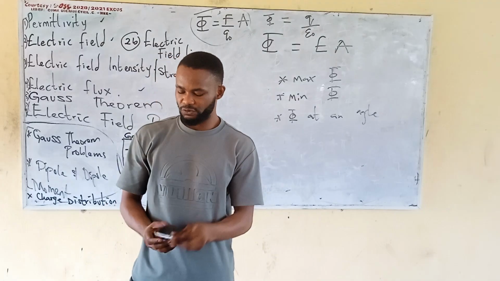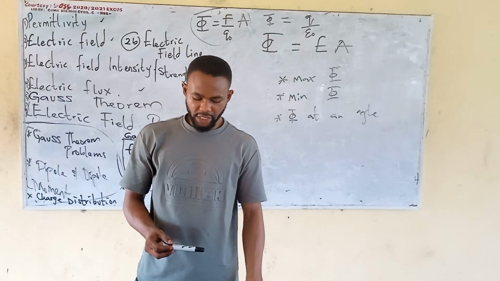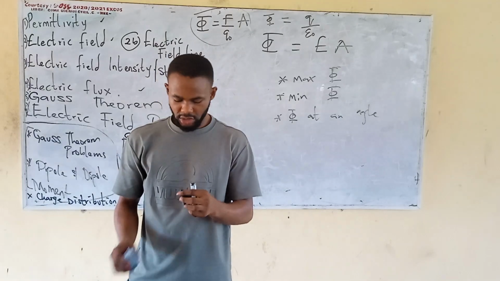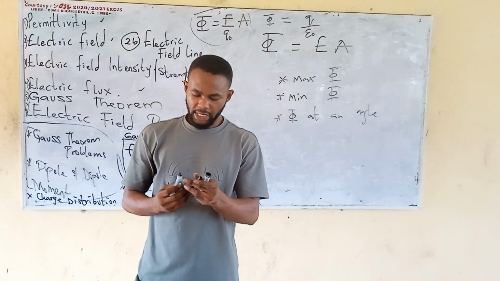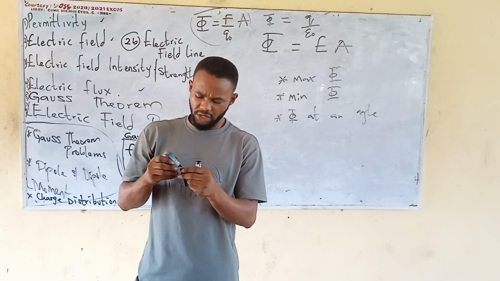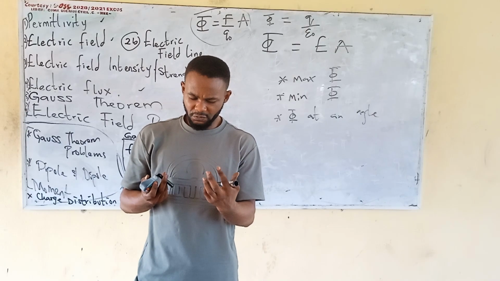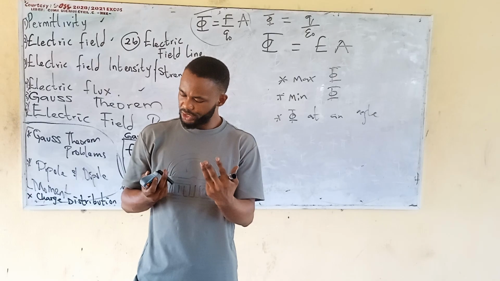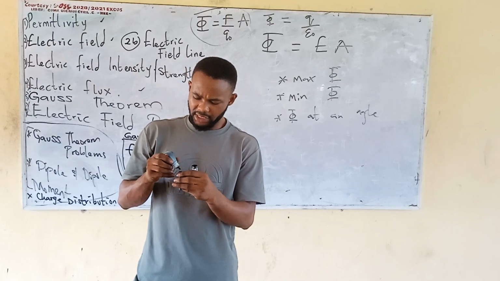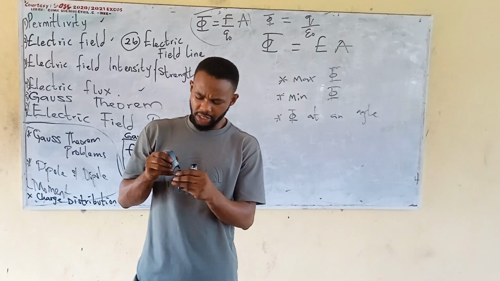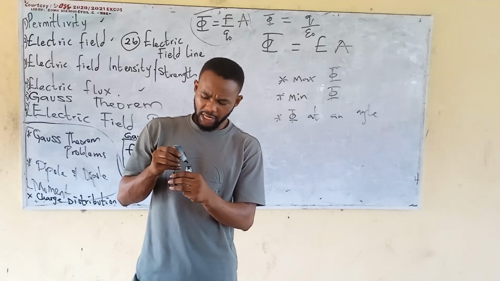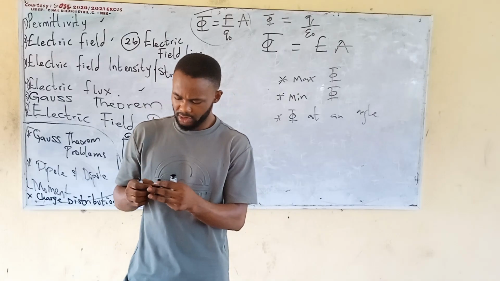And electric flux is at an angle when the angle is made with the normal and not the plane itself. I said electric flux is maximum when theta equals 0, minimum when theta equals 90, and at an angle when the angle is made with the normal and not the plane surface.